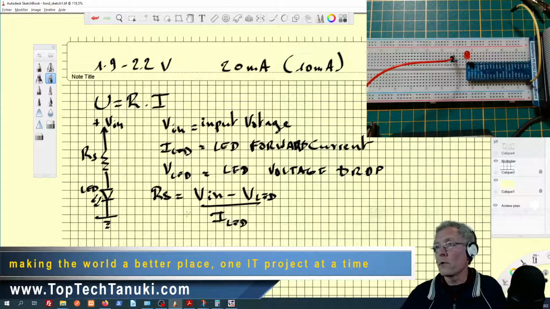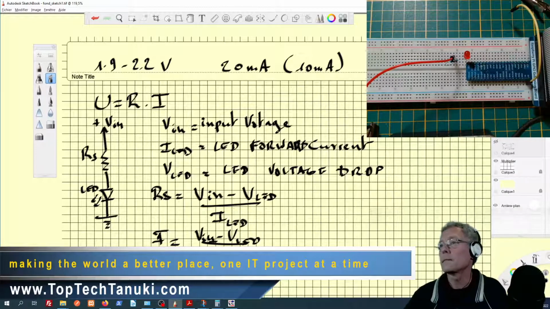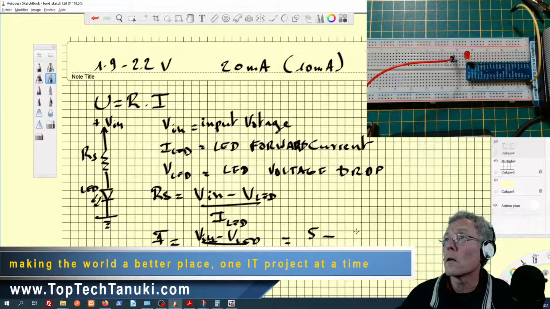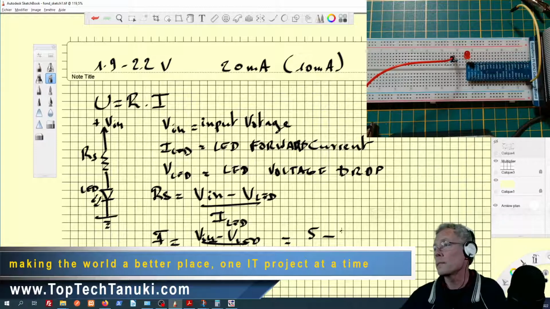So we can just reverse this and say that I is V in minus V LED over R, which is 5 minus V LED, let's take about 2, over the resistance, which was 220 ohm.